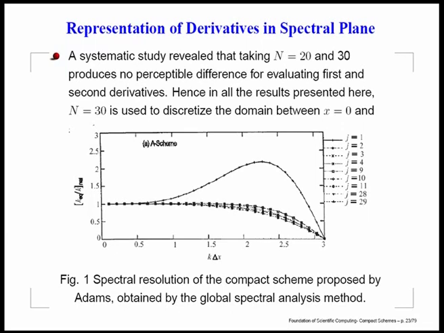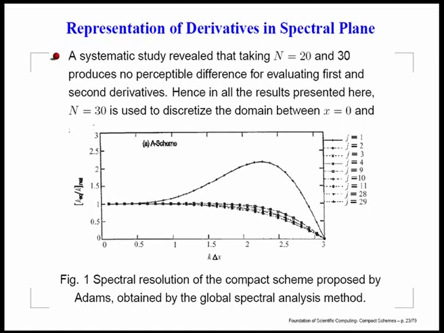This global analysis tells you how the real part of k equivalent by k varies with k h for different nodes. Once again, you can see this first node is always ill behaved, but this is somewhat much better than what Carpenter's method was. You saw the overshoot there reaching up to 3.5 and 4.